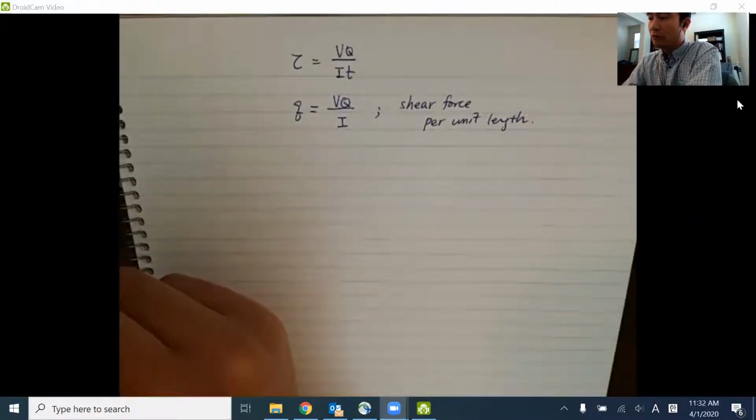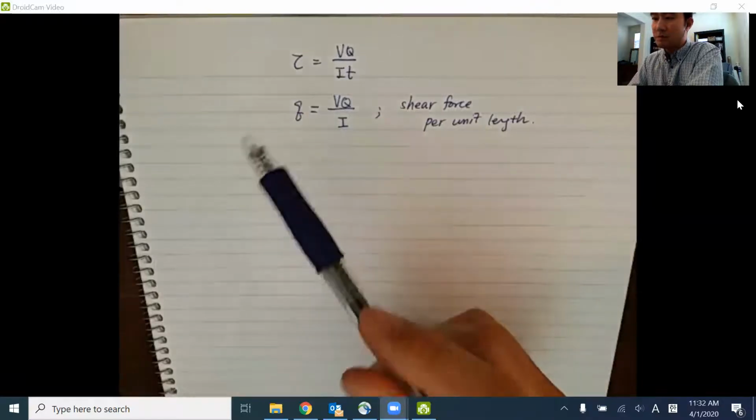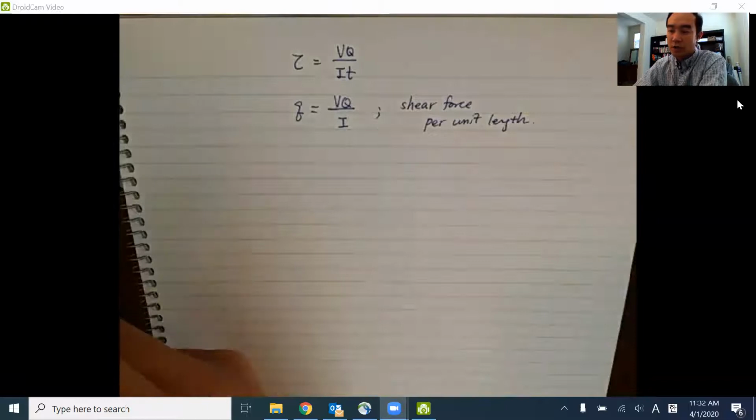And one of the reasons why we need to calculate the shear flow is because think about the built-up section. We build up a section with some parts and attach those parts together through either glue or nails.